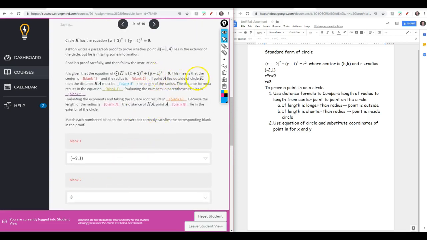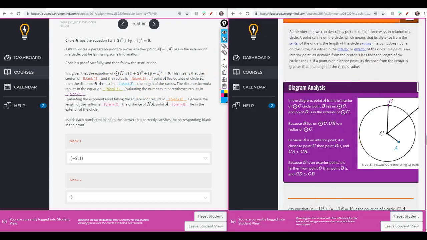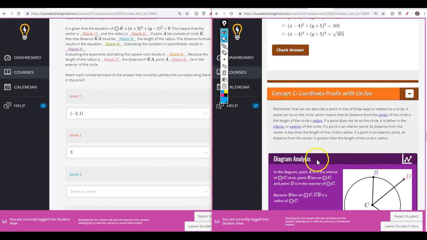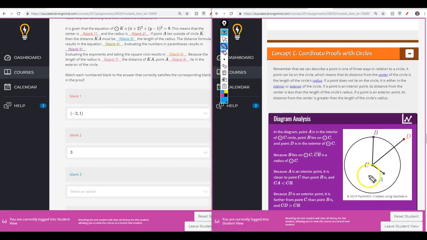Blank 3. If point A lies outside of the circle K, then the distance of KA must be the length of the radius. Okay, so there was a diagram in your workbook right here. If we labeled it according to our points, we know that the center point would be K, this would be some other point D, and the exterior point is A, what we're trying to compare.